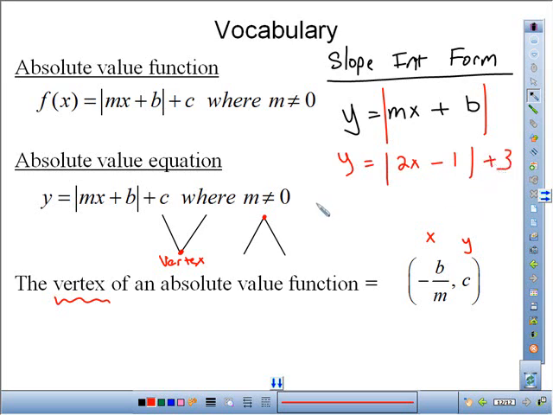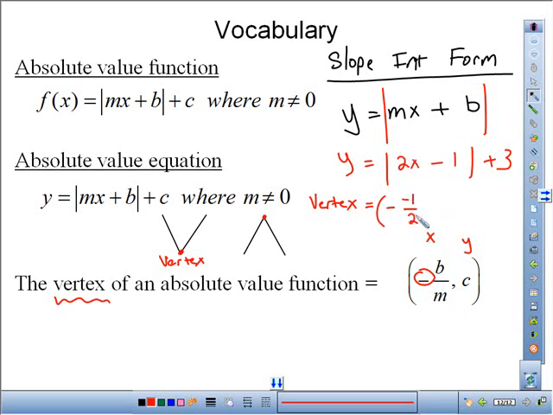Now, we're going to find the vertex of this absolute value equation. We're going to use this formula right here. It always has a negative because that's in the equation. Negative b over m. Now, b in this case is negative 1, over 2. m is the number in front of x.